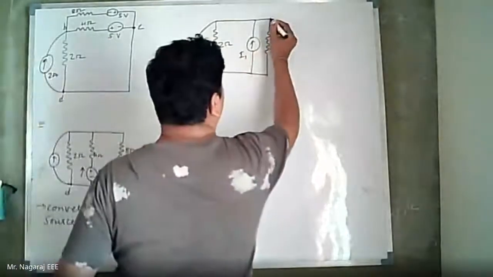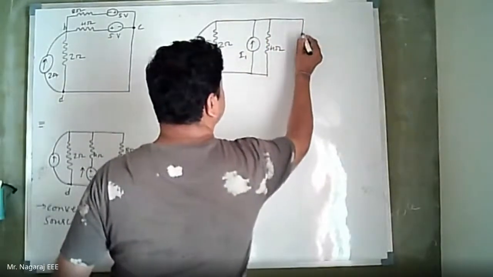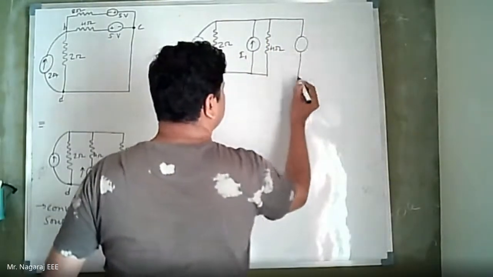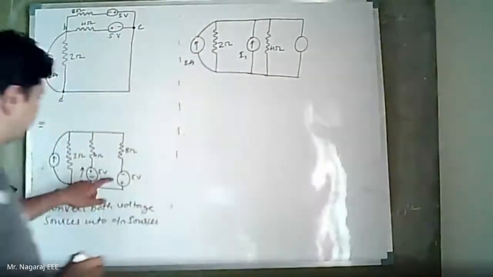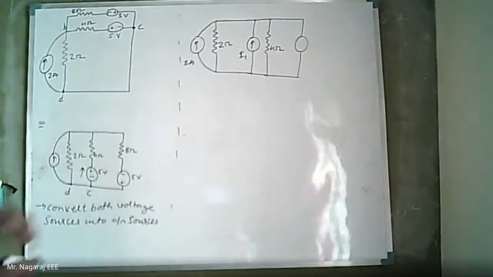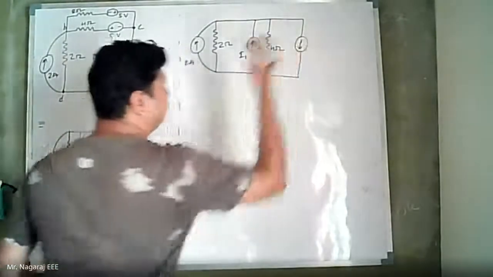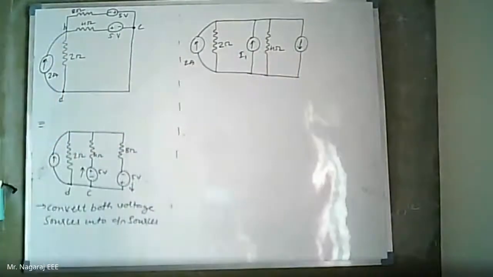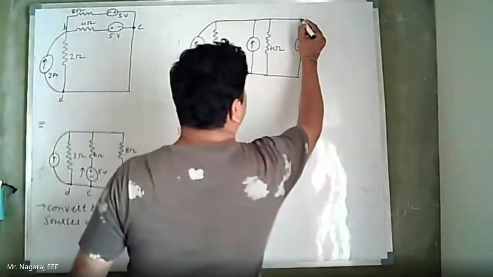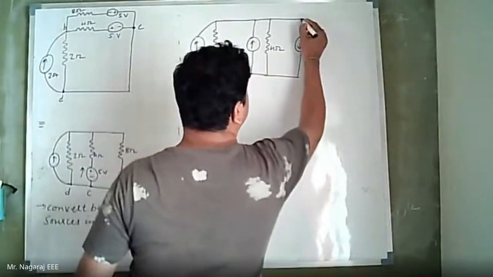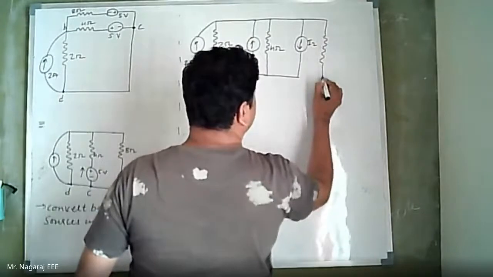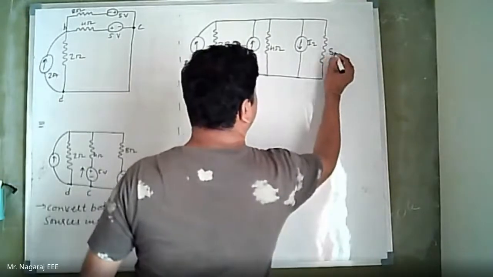Now I will get one more current source from this 5 volt, 8 ohm. This 5 volt is downward, therefore the equivalent current source will be downward. Let this be I2, in parallel with 8 ohms.